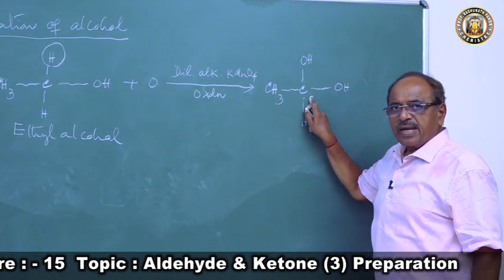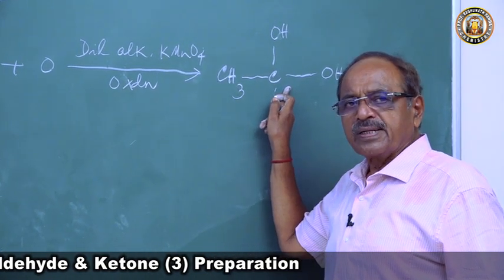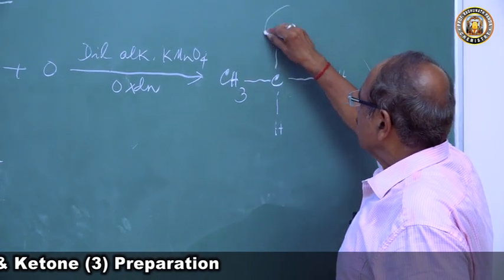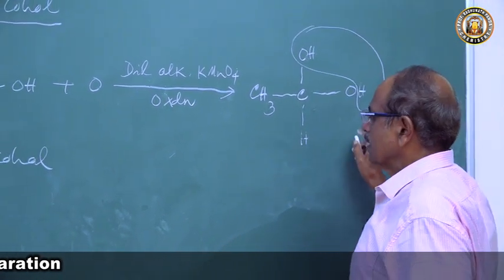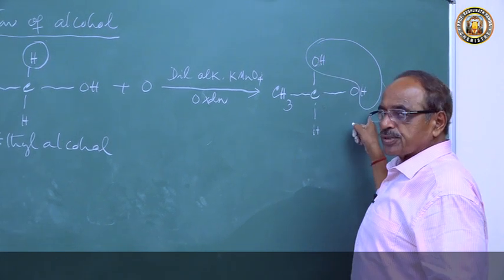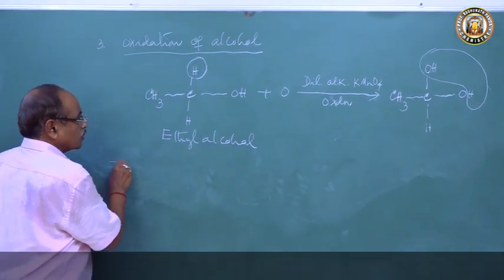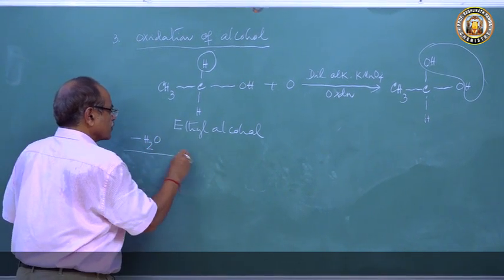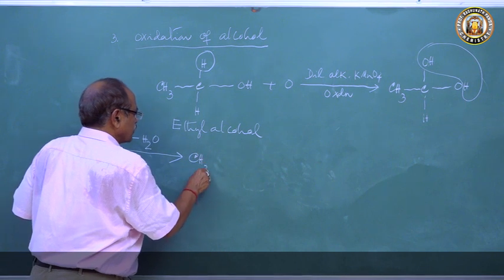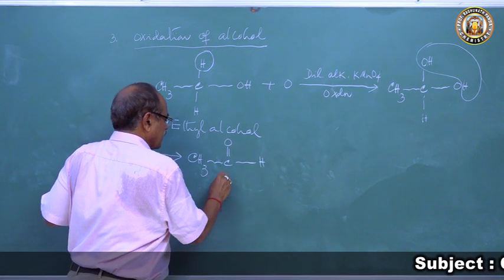Any carbon atom having two OH groups is unstable and loses a molecule of water. So this molecule of water is lost. So this will lose a molecule of water to produce CH3CHO, acetaldehyde.